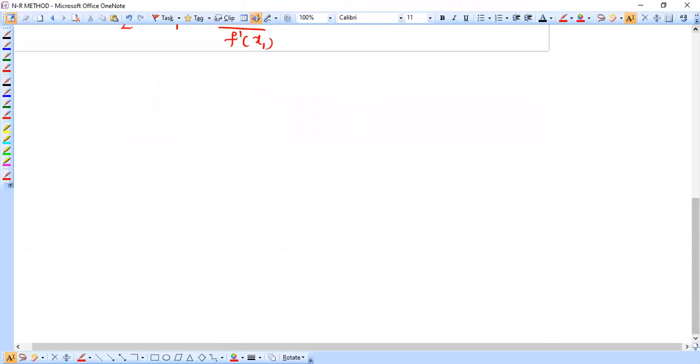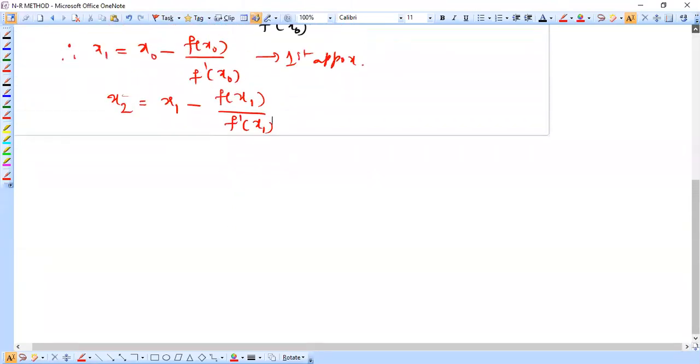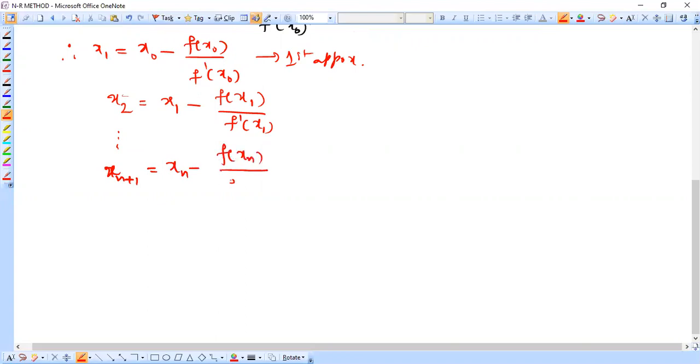The process is continued until two successive approximations are the same. Now I am writing the n plus 1 approximation to the root, which is given by xn plus 1 is equal to xn minus f of xn by f dash of xn. So this is called the Newton's iterative formula.